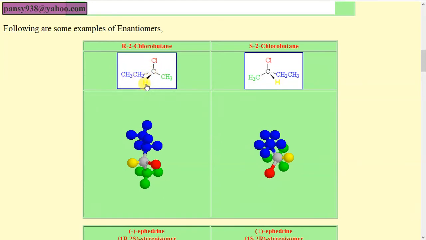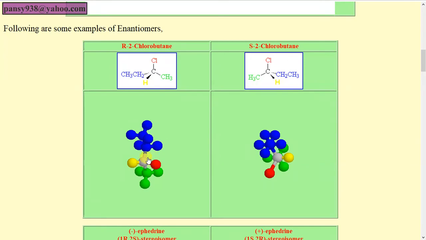One side has the hydrogen in yellow color, the second side has a chlorine in red, the methyl group in green, and the ethyl group in blue. Same is the case with this one, but you see that both are mirror images of each other.